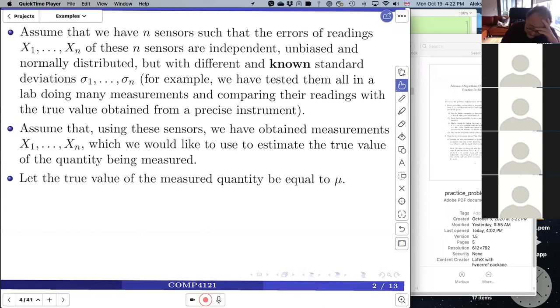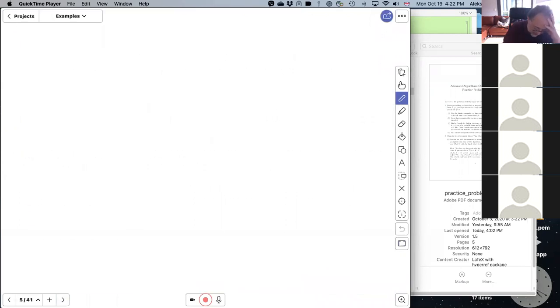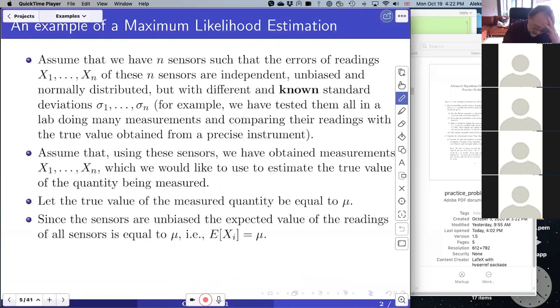So we want to determine mu, but of course we don't have direct access to mu. We only have noisy measurements x1 up to xn. So since the sensors are unbiased, the expected value of the readings of all sensors is the true value, equal to mu.